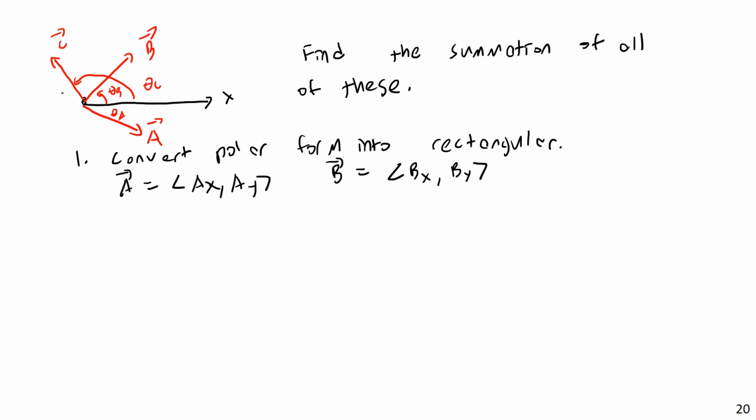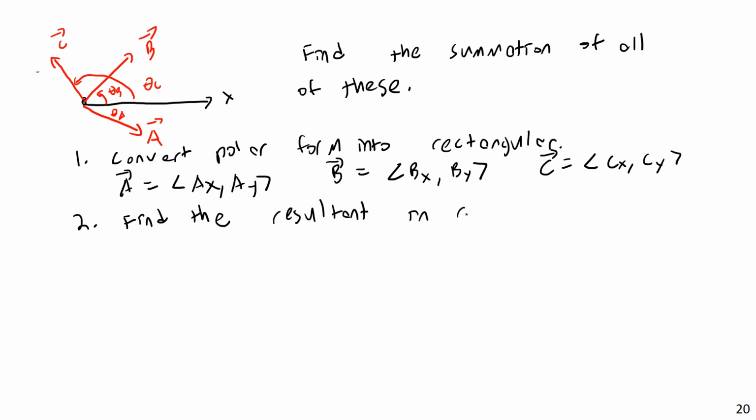And applying negatives, the y component of A would be negative, and the x component of C would be negative. So then for C, I would get its Cx, comma Cy components. That would be the first step. Step 2, find the resultant in rectangular form.